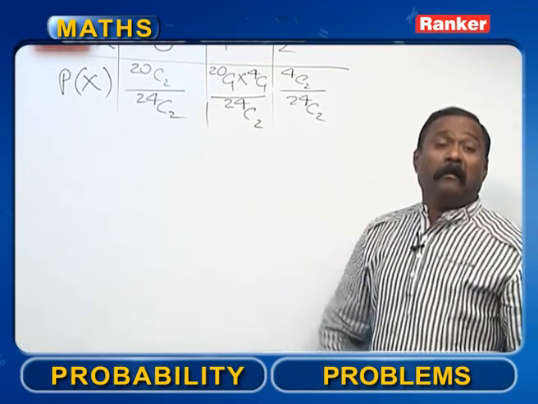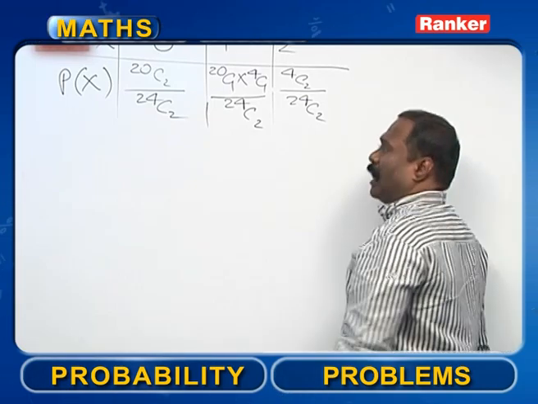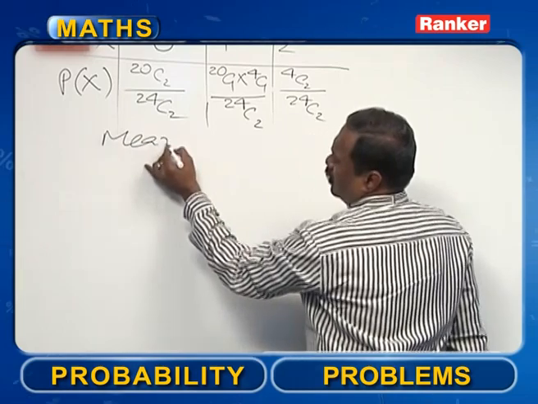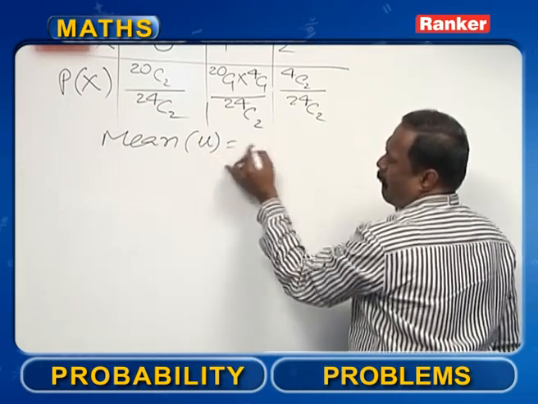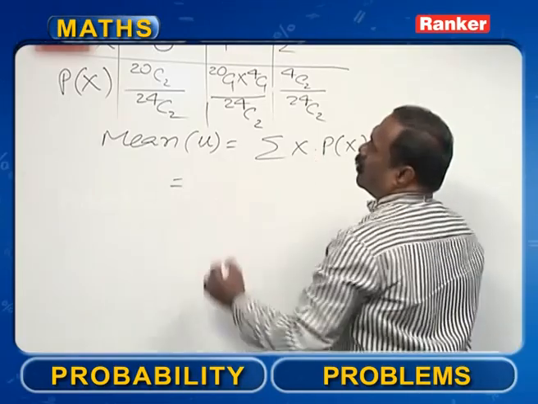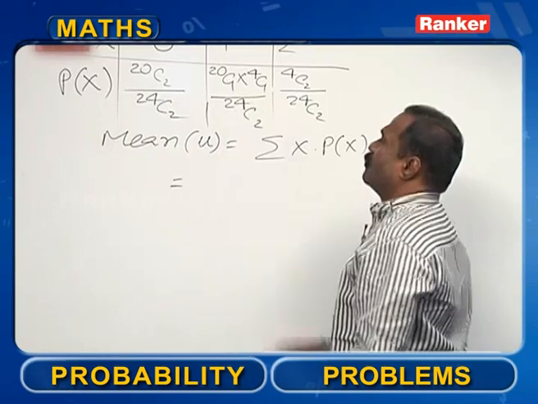But we need the mean of it. The mean mu is given by sigma x into p of x. Of course, the x equal to 0 term is 0, and the rest is to be simplified.